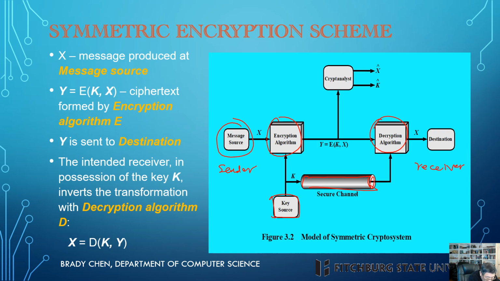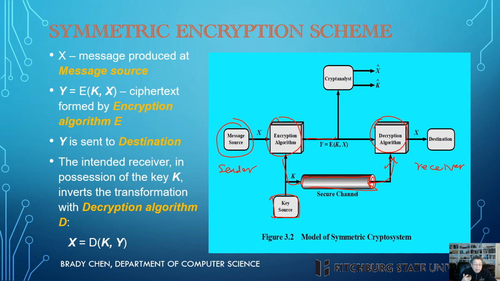So you have to deal with a secured channel. Also, we have to make sure of the opponent or attacker, or we call it the cryptanalyst, who may intercept the message.